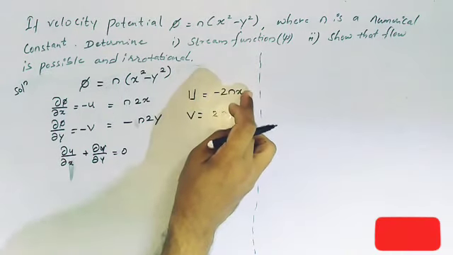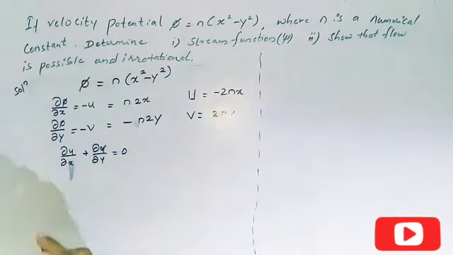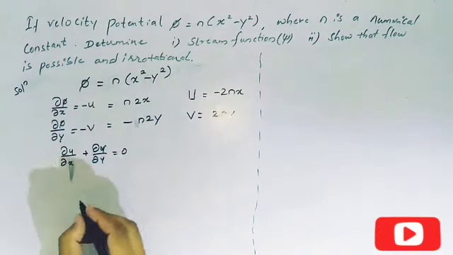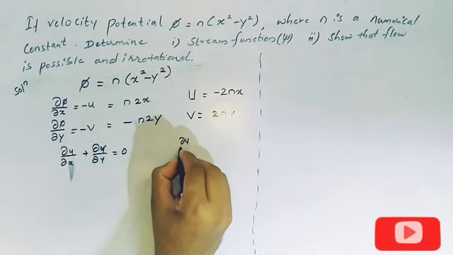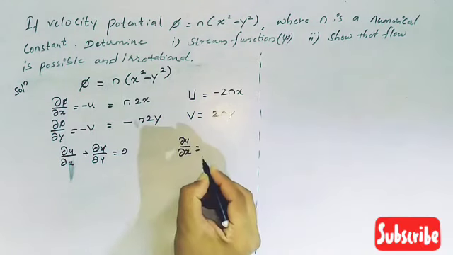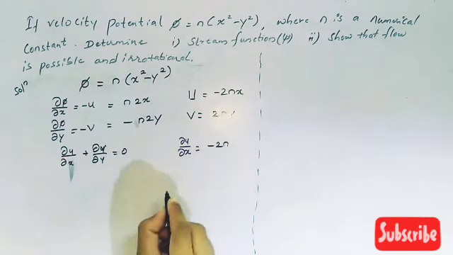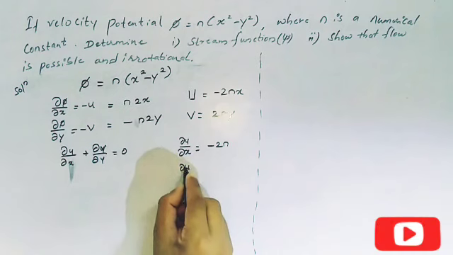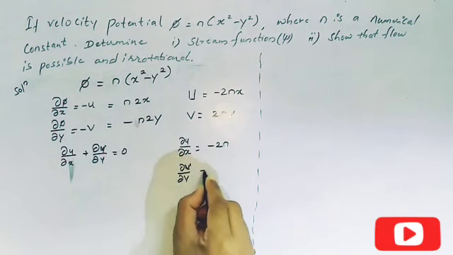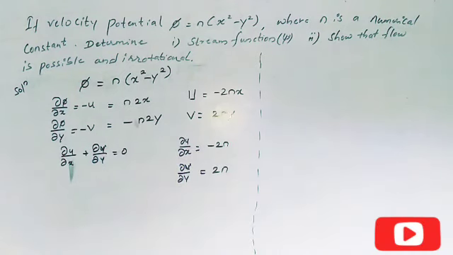Now we have the values of u and v, so let us partially differentiate them. ∂u/∂x will be equal to minus 2n, and similarly ∂v/∂y will be equal to 2n.